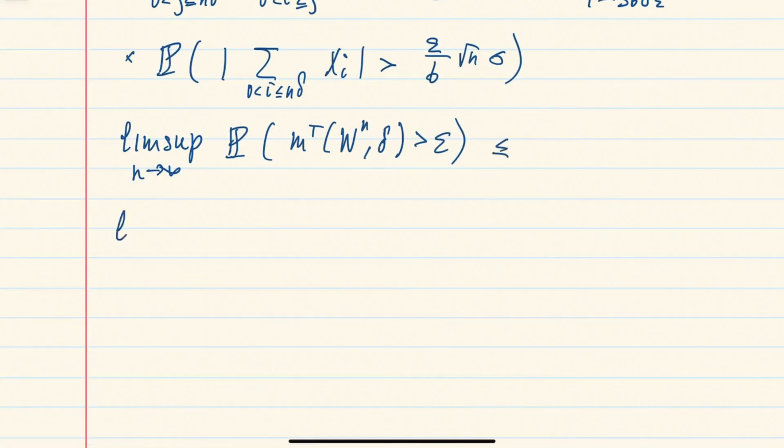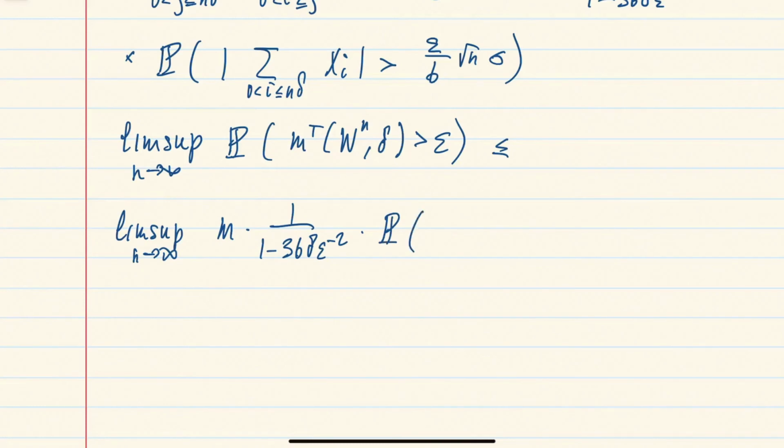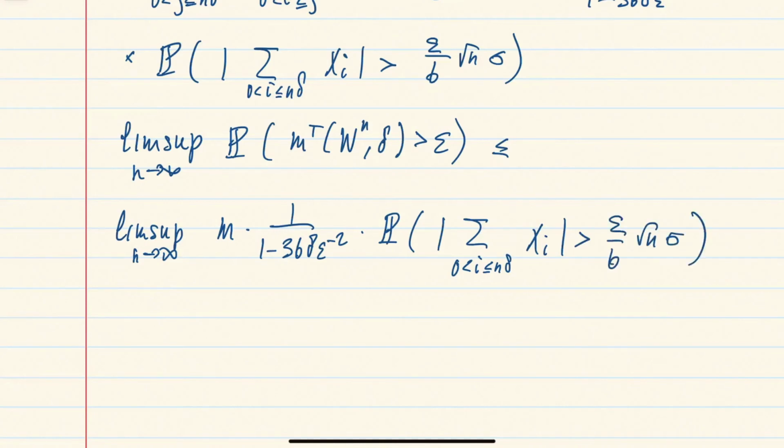and as a result this will be bounded by lim sup of, above we had the factor m, which was actually t over delta, and then we have this factor 1 over 1 minus p, and the only thing that really depends on n is this final probability, that the sum up to n delta exceeds epsilon over 6 square root of n times sigma.